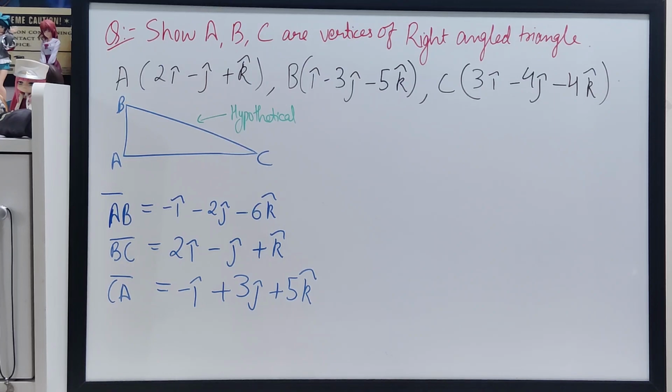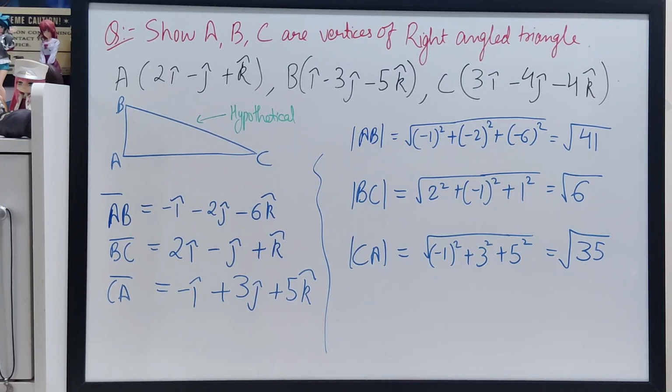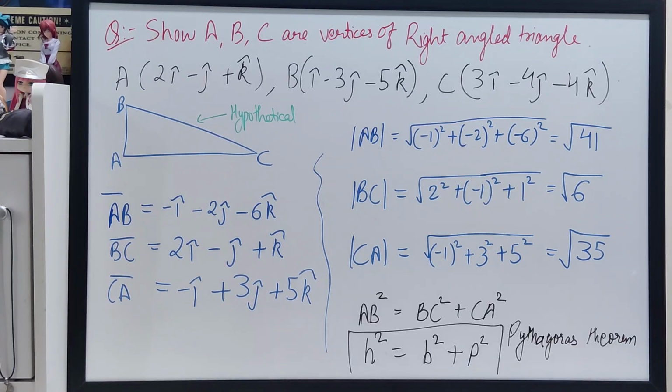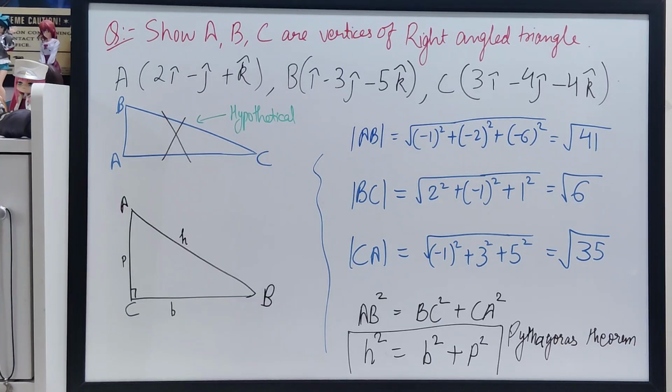Now take out the magnitude of each side. So clearly we can see that AB square is equal to BC square plus CA square, and this came from Pythagoras theorem. So our hypothetical triangle that we drew was wrong, and instead we need to change the triangle.